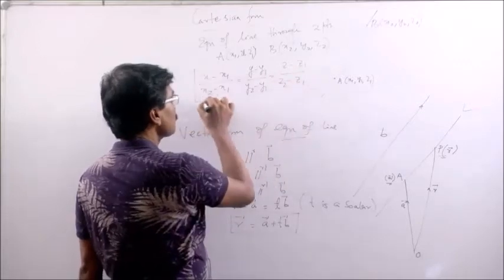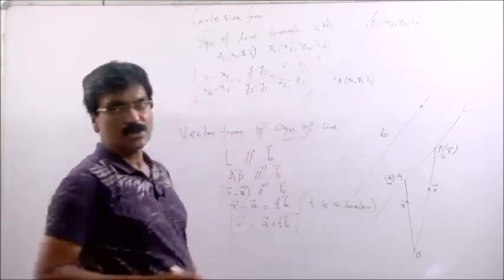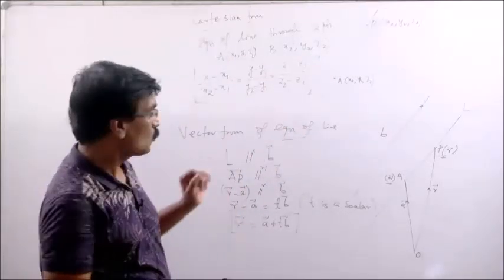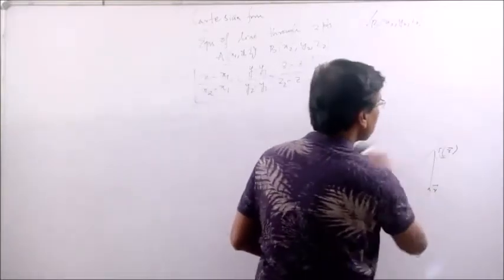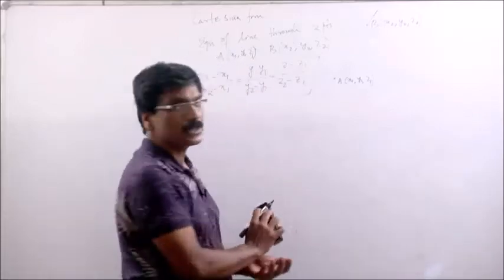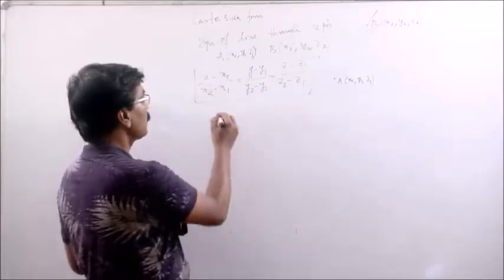So this is the equation of a line through two points. Suppose we are given any two points, we can find the equation of the line.